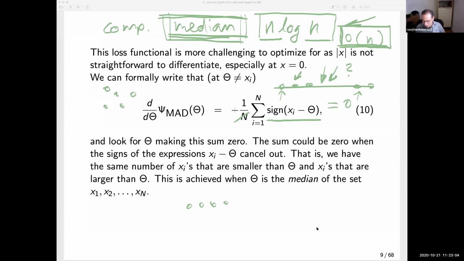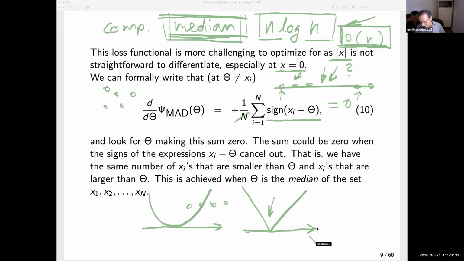Okay, so obviously the loss function is challenging because we don't have the derivative at 0. Especially if you look at this function for a single variable, it looks like that. In the 0, when my xi or x is equal to 0, I have a number.